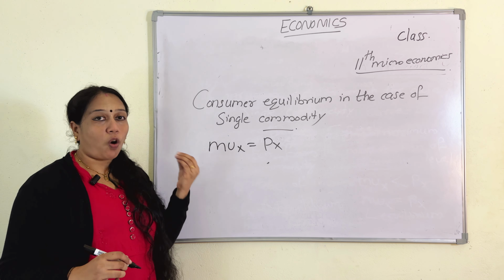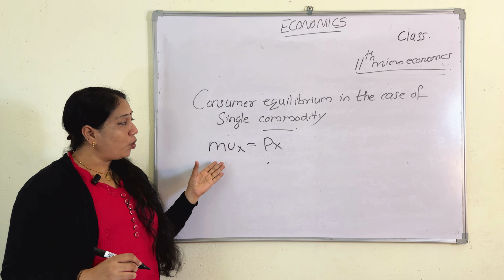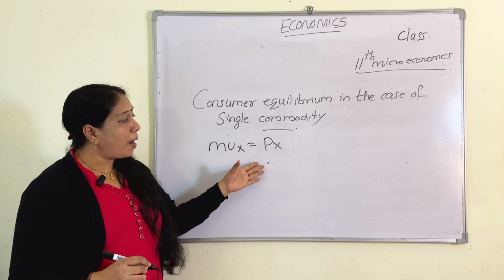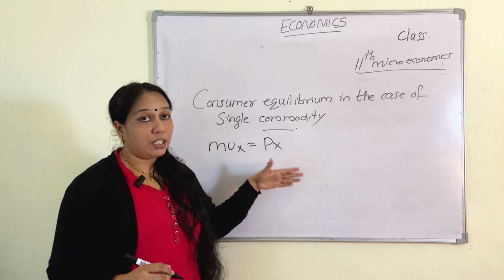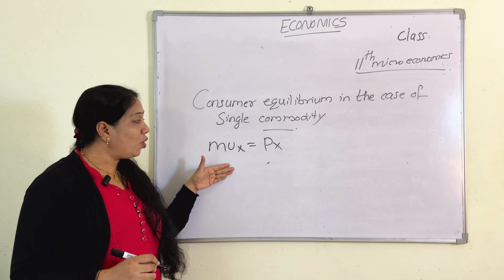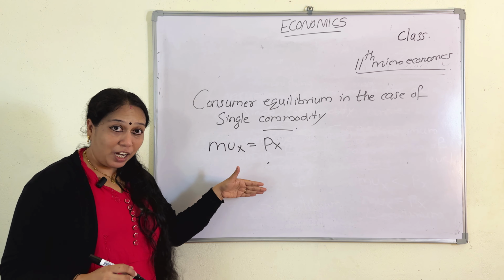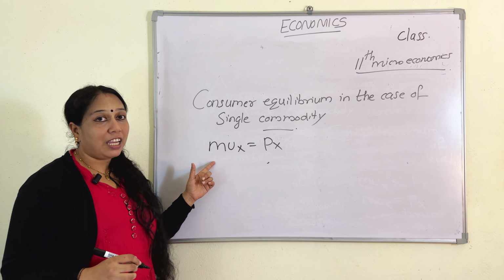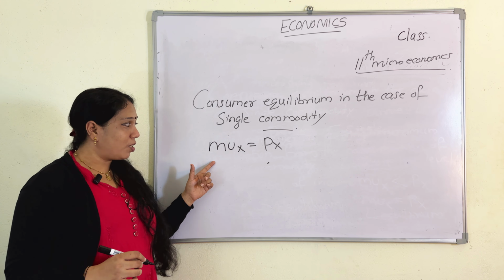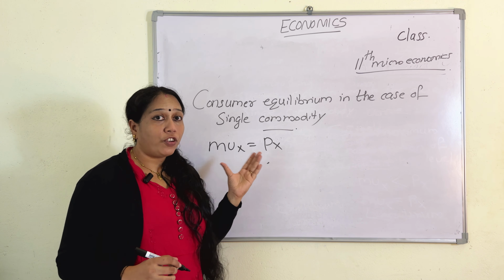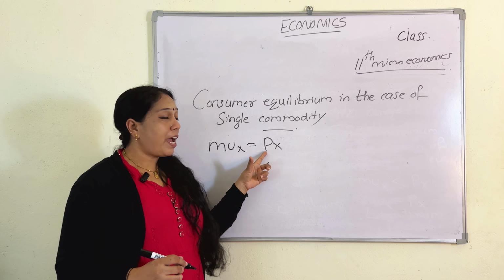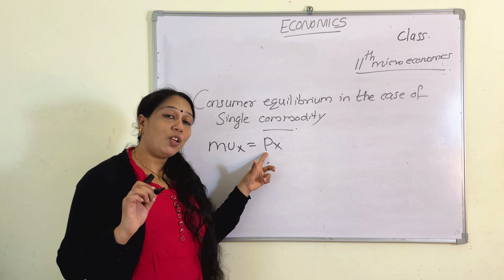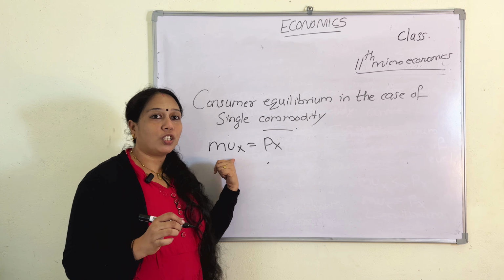Suppose you are buying a chocolate. Its marginal utility is 100 rupees and the price also should be 100 rupees. Both should be equal. Okay, this is the equilibrium condition. Understood? If you buy a chocolate of 10 rupees, then you should get marginal utility also 10.